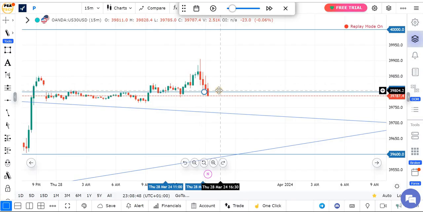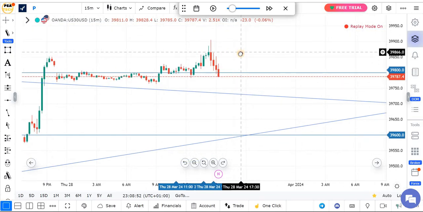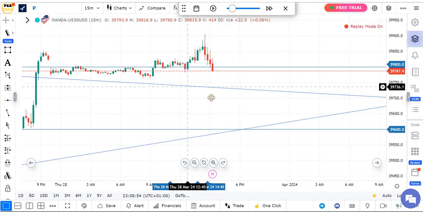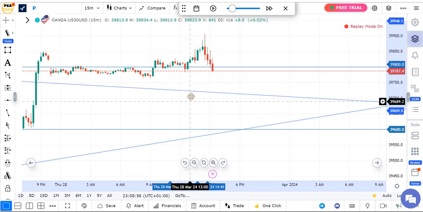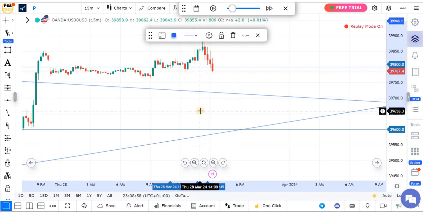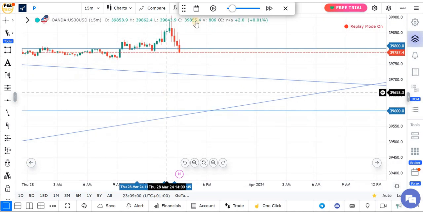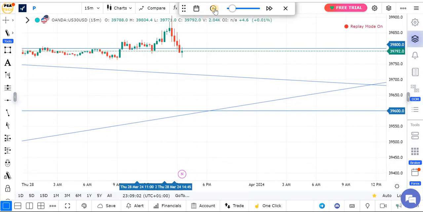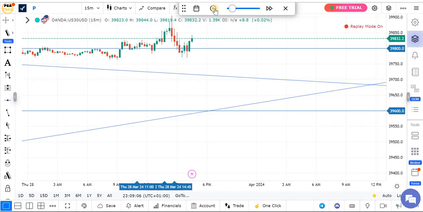So remember, what we are doing is we are waiting. This is our psych level, right? Psychological level. So what we are doing now, we are waiting for the trade to give us either a buy or a sell signal. So let's observe it.